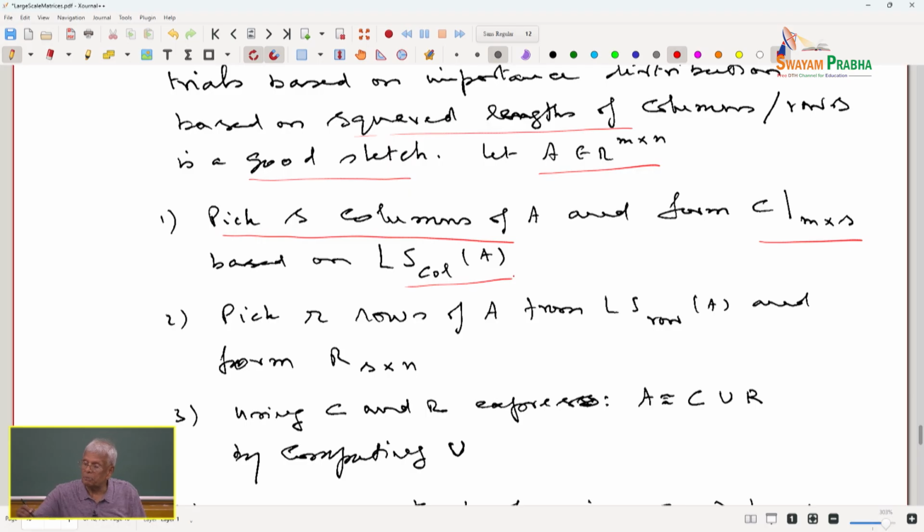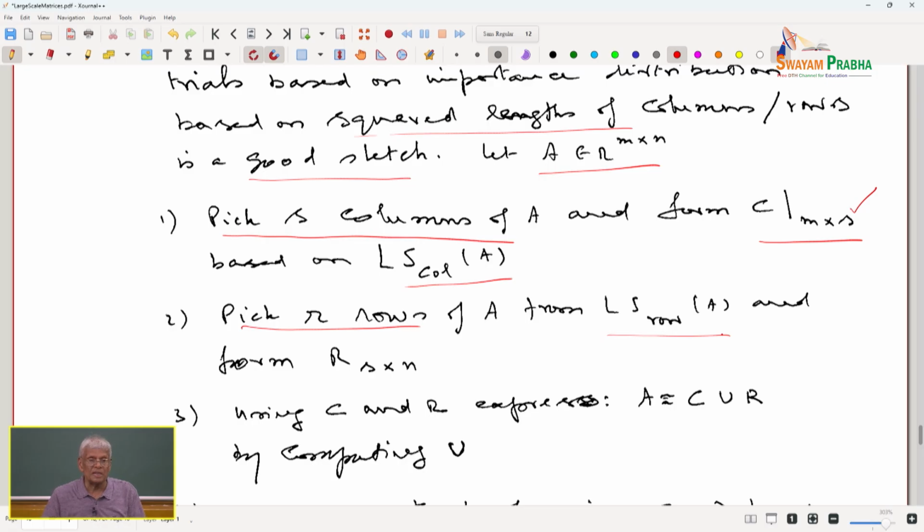So, I am going to pick S columns from that importance sampling distribution based on the column length. Likewise, I am going to pick simultaneously R rows from A using the square length row distribution.